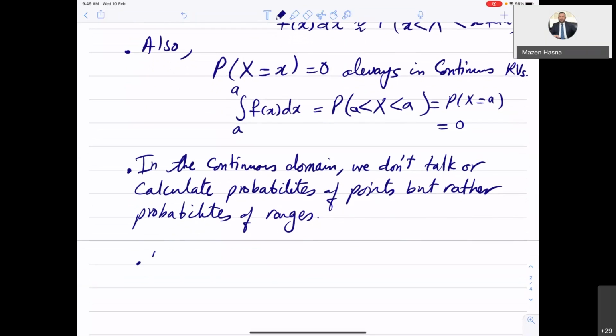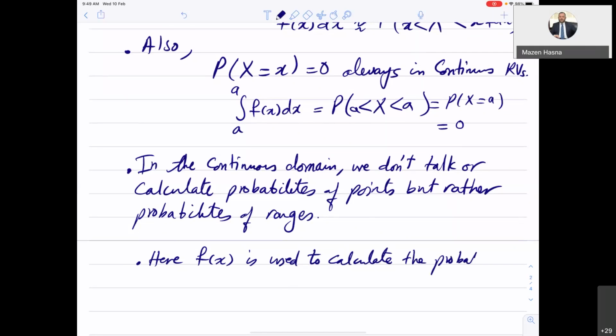And hence here, f of x is used to calculate the probability of a range between A and B.